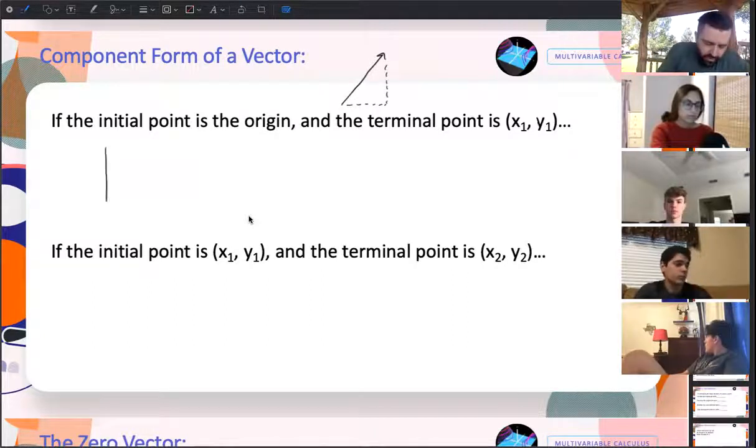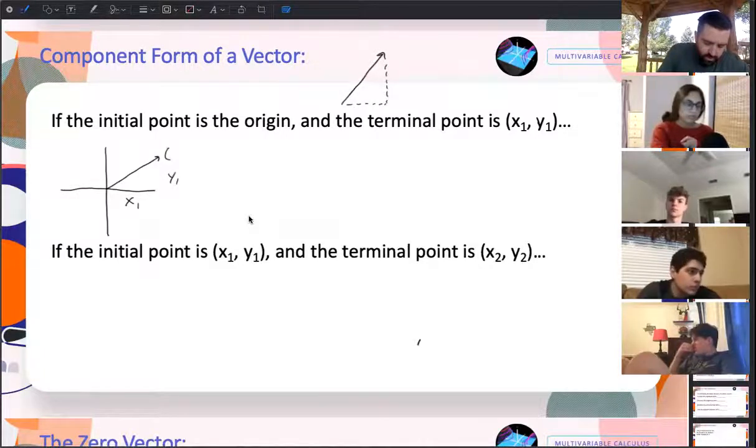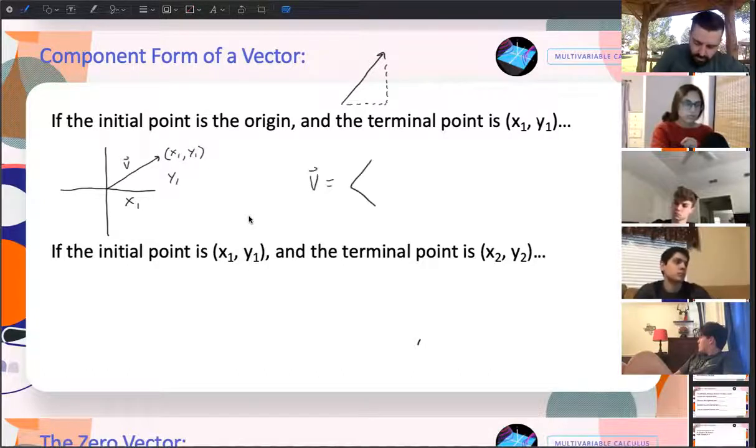If we're at the origin, the components are super easy because it's literally whatever the terminal point is, right? How far over we moved and how far up we moved. That literally is the coordinate x1, y1. Well, then in component form, if this is vector v, we would say it's x1, y1.